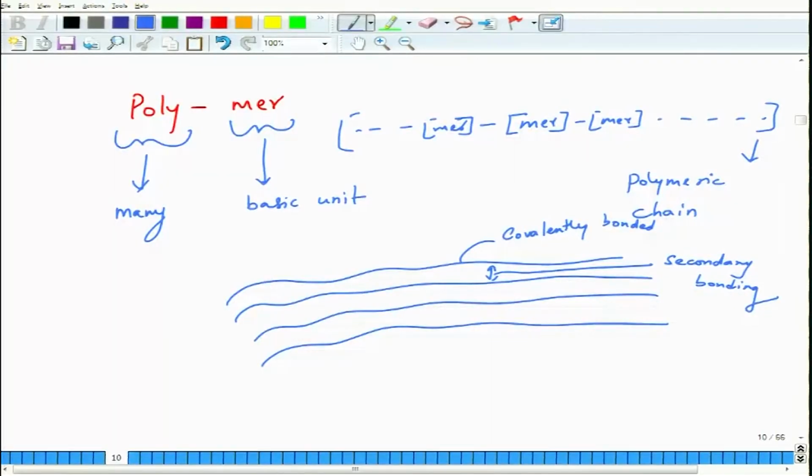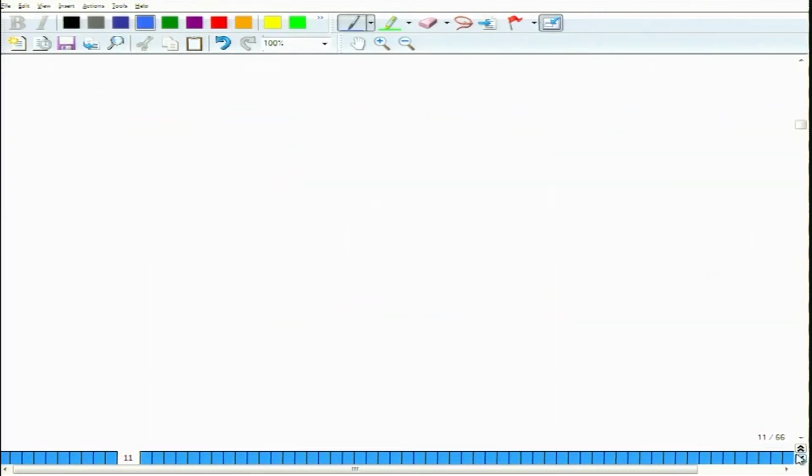Depending upon how these chains are arranged in space, the polymers could be a linear polymer, which is also called a chain type structure.